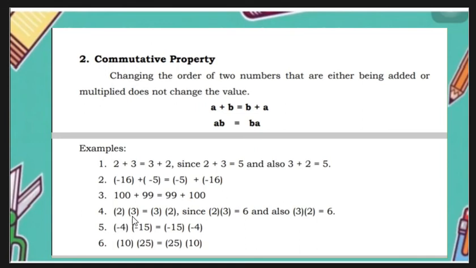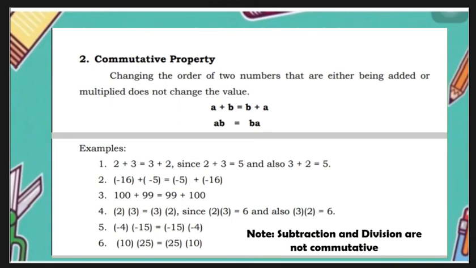Another one, we have 2 times 3 is equal to 3 times 2, since 2 times 3 is equal to 6, and also 3 times 2 is equal to 6. Number 5, we have negative 4 times negative 15 is equal to negative 15 times negative 4. And the last one, we have 10 times 25 is equal to 25 times 10. Changing the order of two numbers, and that is commutative property. Is that clear? Okay, next property.